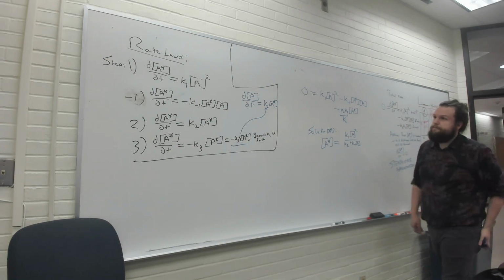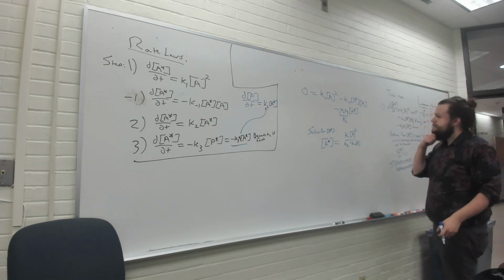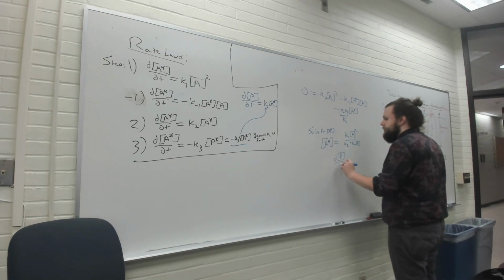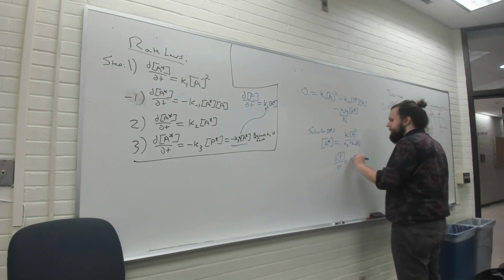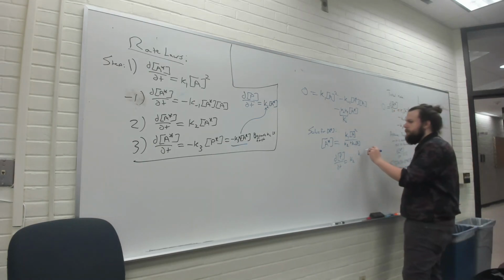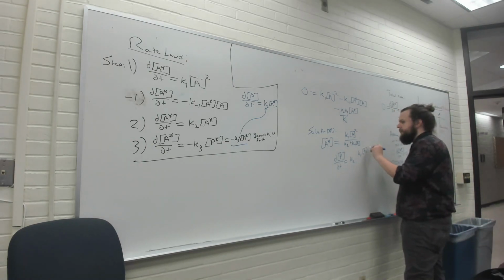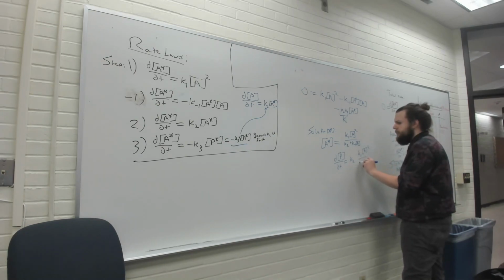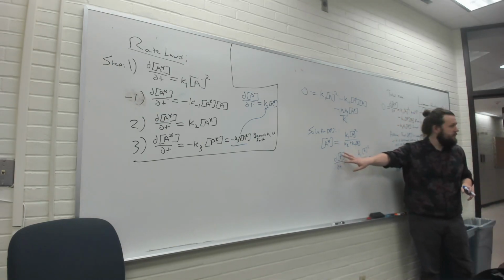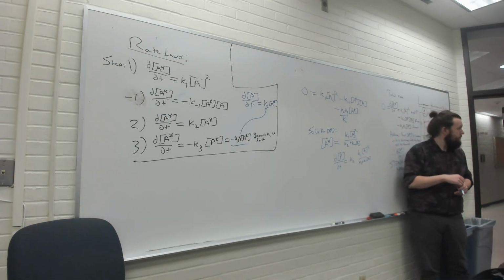So the rate of product formation is going to be equal to K2 times this number, K1 A squared. We just plug in the concentration of A star into our expression.